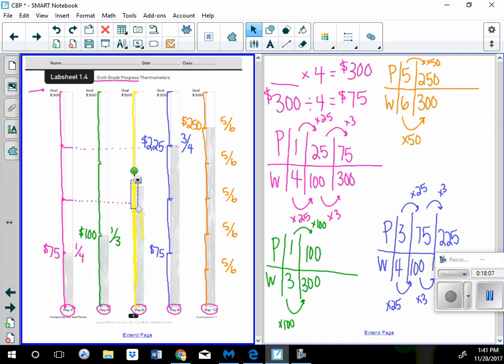I mean, 6. Move all these down just a smidge. Okay, so it looks like I have 1, 2, 3, 4, 5.